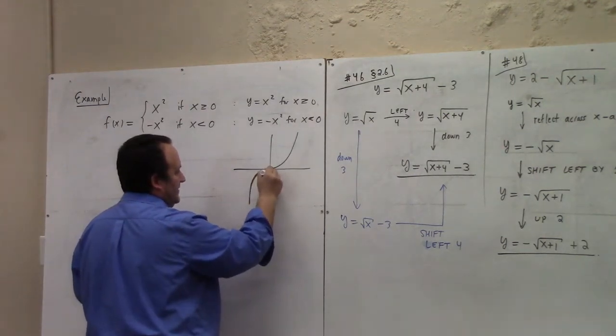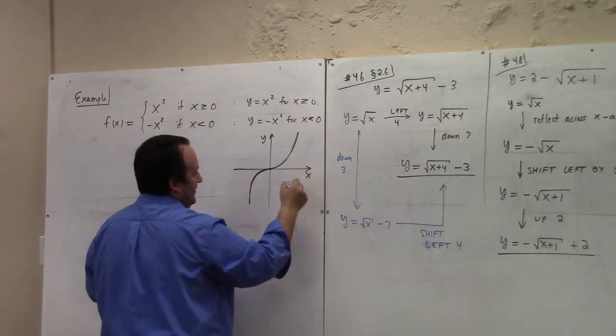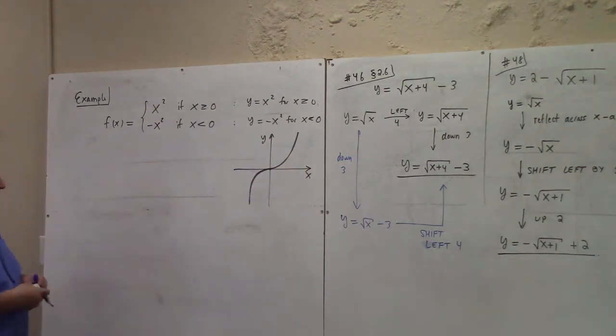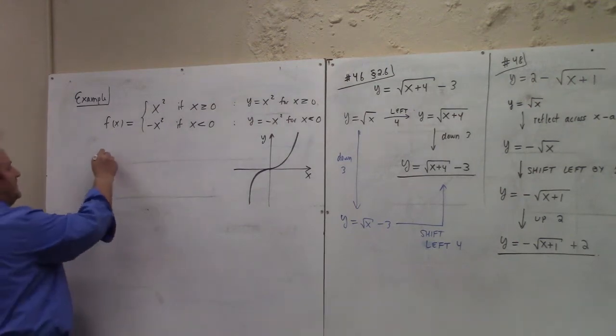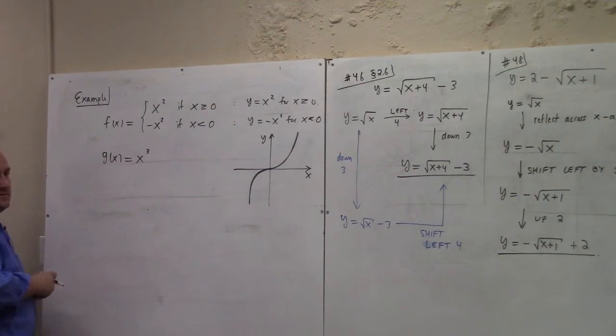So you might think it's a cubic. I mean, to the limits of my artistry, my graph of this function and my graph of a cubic function look pretty much the same, right? But they are different functions. For example, just to be clear, if g of x was x cubed, there's the cube function.